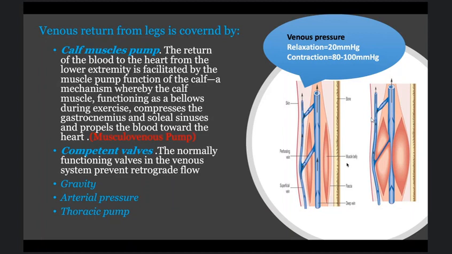Any problem with venous return will lead to venous hypertension. This venous hypertension is the key point in the pathogenesis of venous disorders in both lower limbs. The most important is the muscle pump, what's called dynamic pressure, and competent valves keeping what's called the hydrostatic pressure.